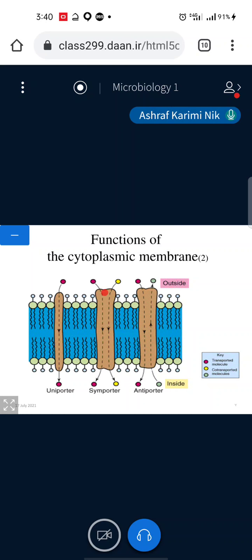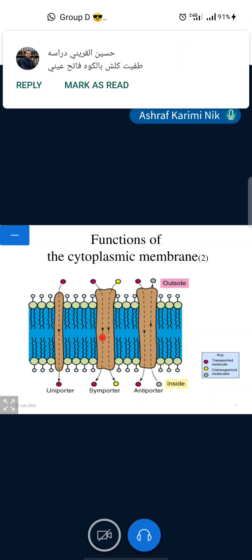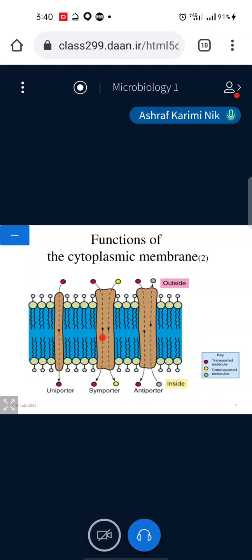Symporter: two materials in the same direction enter the cell synchronously.